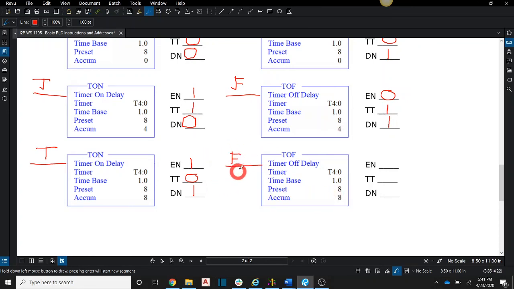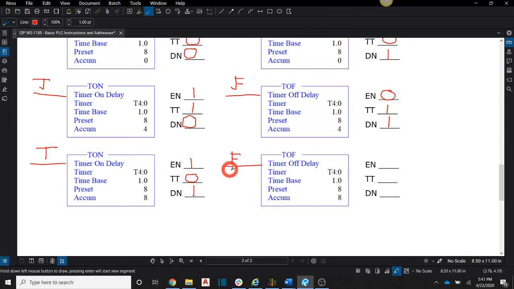So we still have a rung value that is false. Again, this rung could be false for an hour, but all we care about is the first 8 seconds of it being false. As long as it remains false, we're not going to reset this timer.